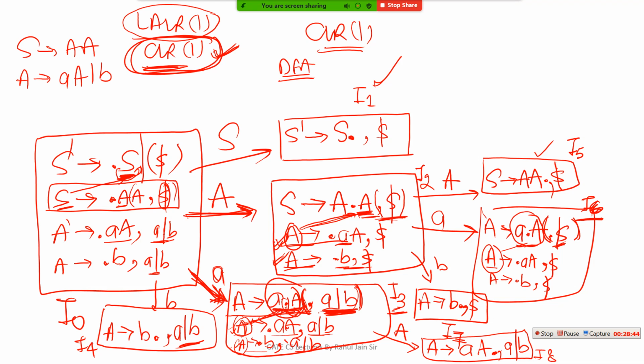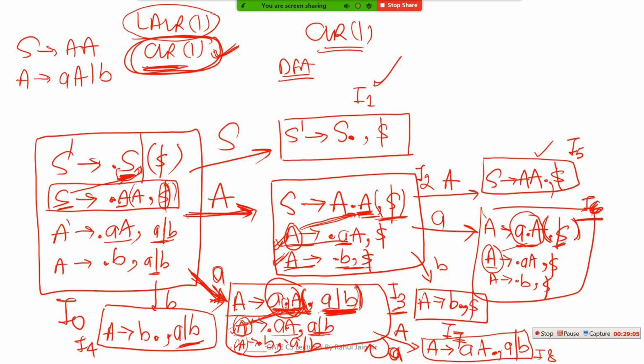And on small a, if I take a transition, then what transition am I taking? A derives a dot A with look ahead AB. A dot A with look ahead AB means on small a, I can loop it. I can loop on terminal a.